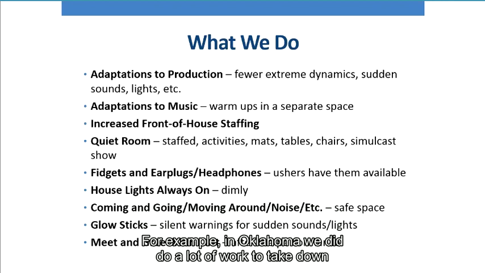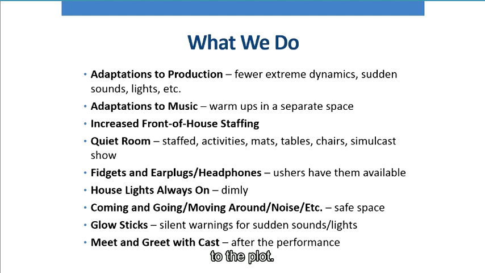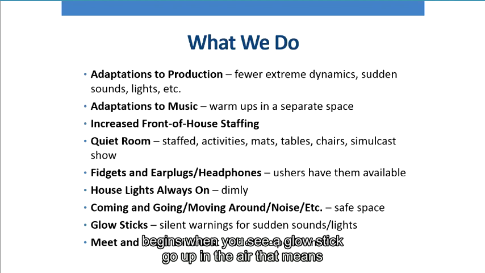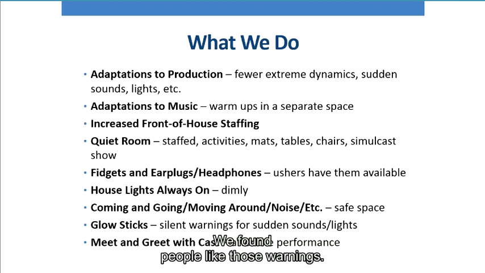And it is critical to the plot. We cannot eliminate the gunshot. We made it softer, but we could not eliminate it entirely. So we had glow sticks, and we announced before the performance begins that if you see a glow stick go up in the air, that means something is about to happen, a sound or a lighting cue, and just to be ready for it. And we found that people really like those warnings.